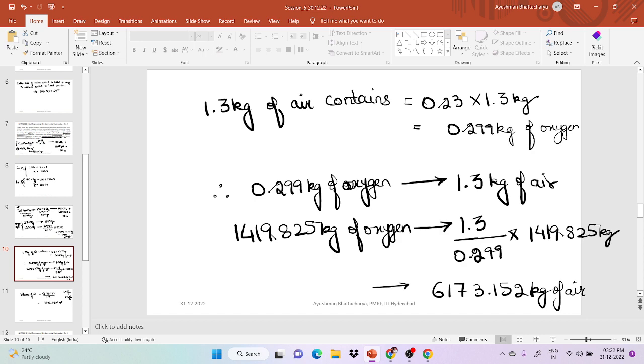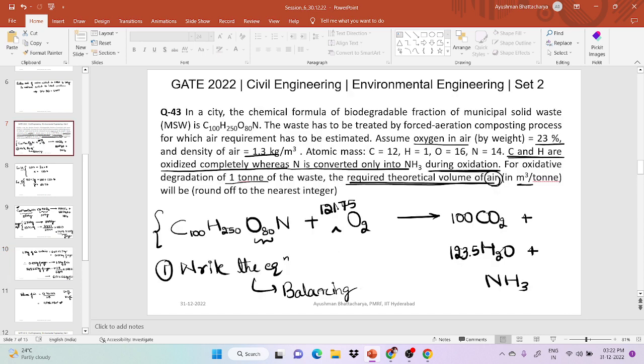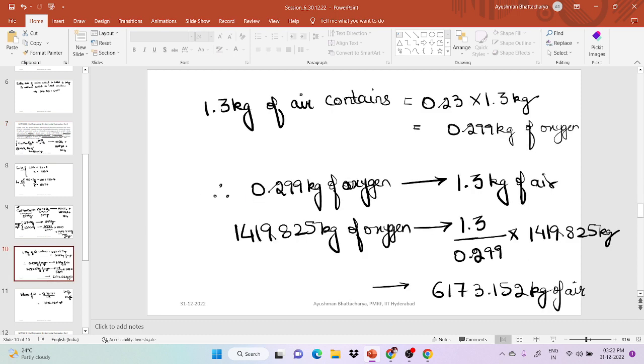The question says the oxygen in the air is 23% and the density of air is 1.3 kg per meter cube. So basically, 1.3 kg of air contains this much oxygen, or in other words, 0.299 kg of oxygen is present in 1.3 kg of air.